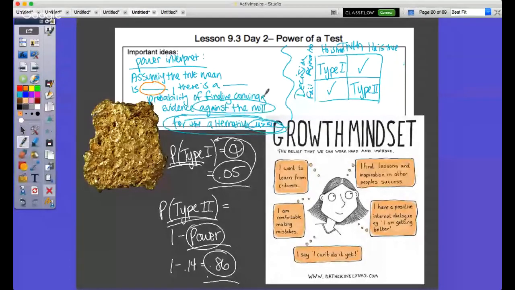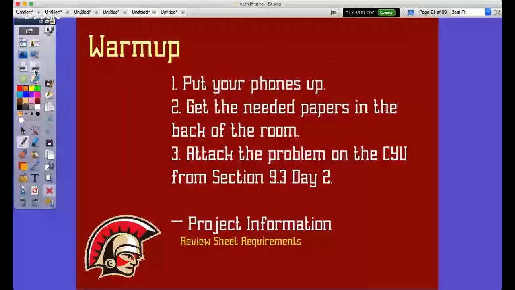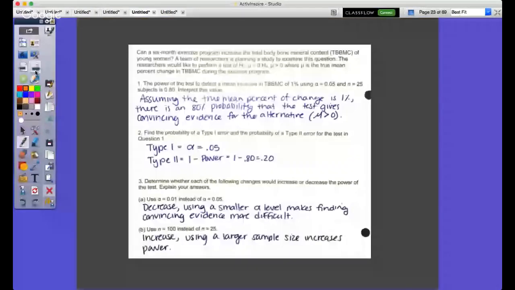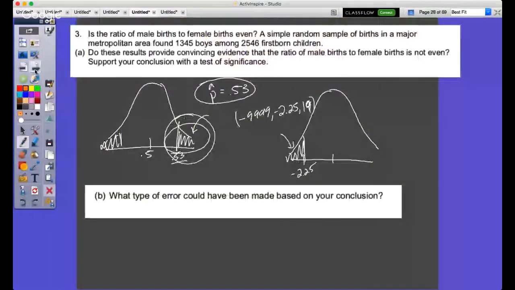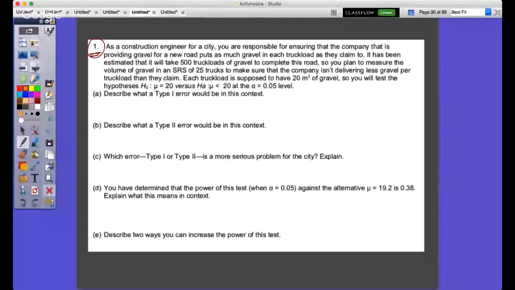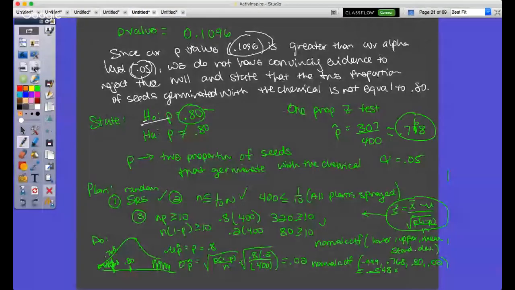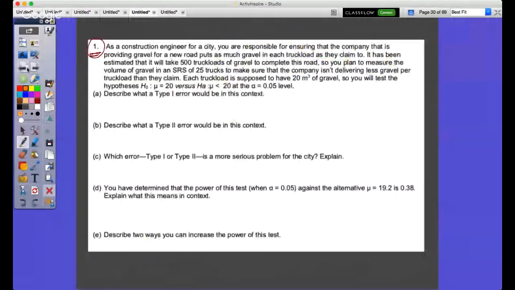There's a probability of finding convincing evidence against the null, right? So it's basically the probability that I will find convincing evidence against my null hypothesis. Cool? So that's really what it is. This is like the beautiful answer right here. But basically, it's just literally the probability that I'll find convincing evidence against my null hypothesis. Okay? So p-value is the probability it occurs purely by chance. The power is the probability that we'll find convincing evidence against the null. Cool? Hope that kind of helped there.